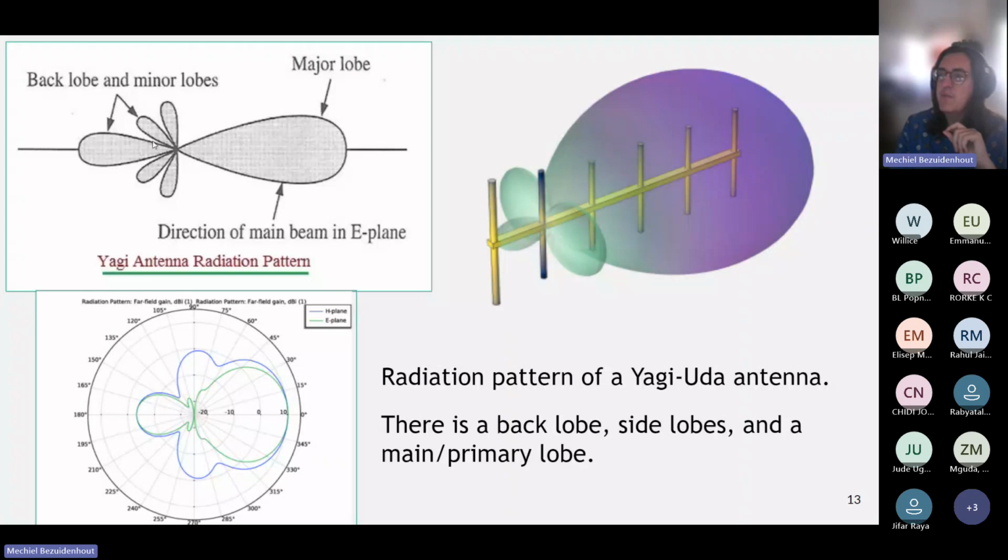But there's also a back lobe where it's a little bit sensitive in the opposite direction, and then there are these minor lobes or side lobes. And here you can see in the bottom left a projection of that pattern in the horizontal and vertical planes.